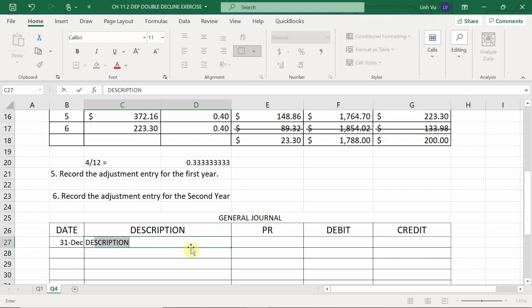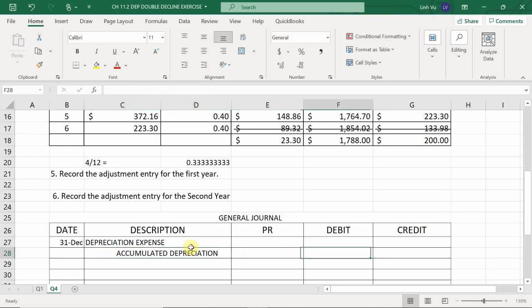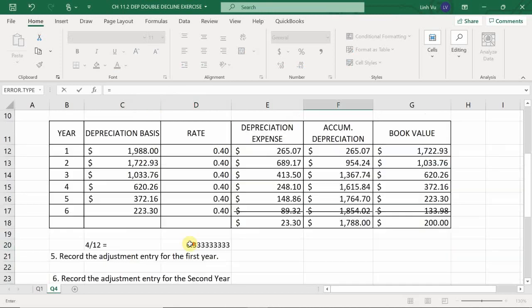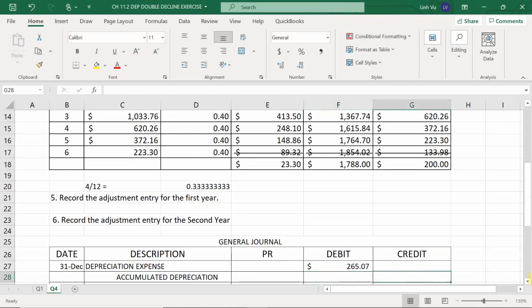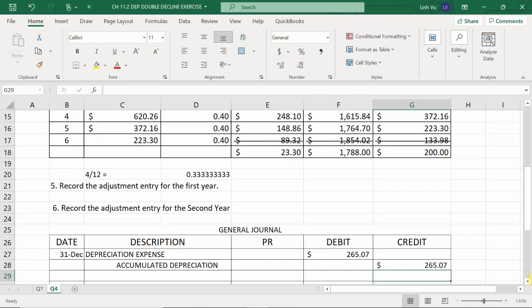With a depreciation expense debit and a credit on accumulated depreciation. Good. Depreciation expense and accumulated depreciation. And for what amount? $265.07 for the first year.